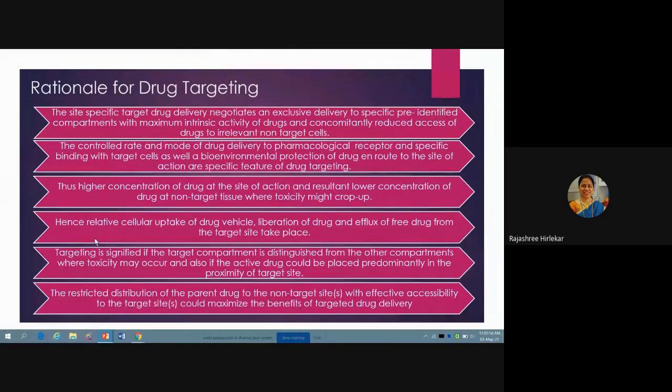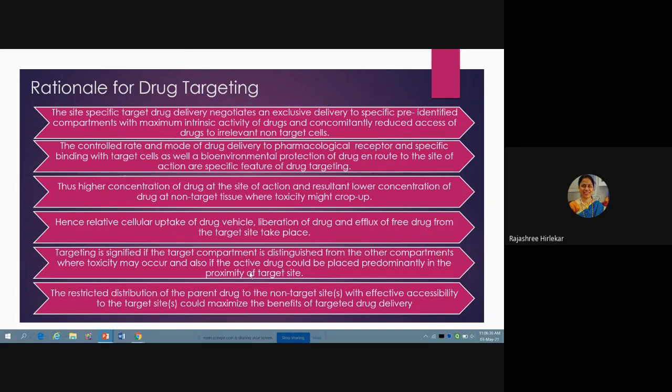There is a relative cellular uptake of the drug vehicle, then the liberation of the drug, and efflux of the free drug from the target site is taking place. Then the targeting is signified if the target compartment is distinguished from the other compartments where the toxicity may occur, and also if the active drug could be placed predominantly in the proximity of the target site.